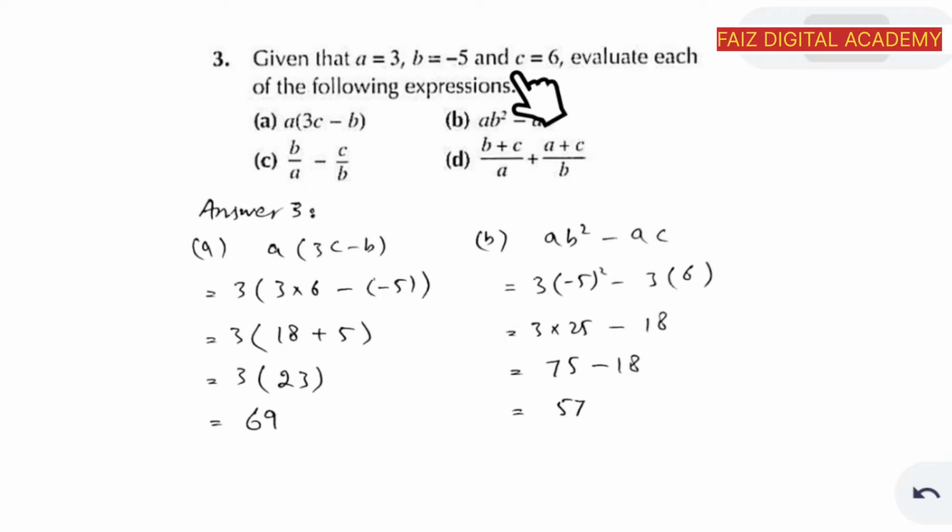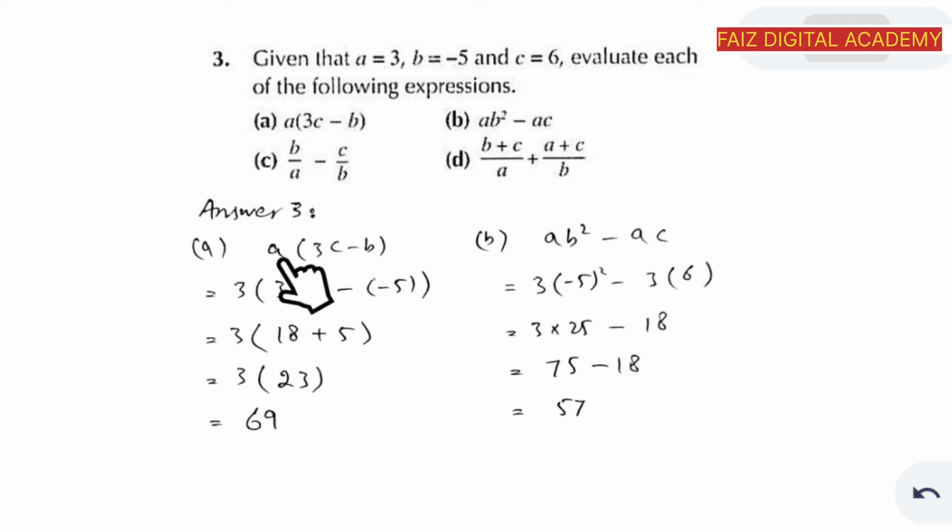So in question number 3, we are given 3 variables. Variable A is equal to 3, B is equal to minus 5, C is equal to 6, and then we have to solve it as per the conditions given in the A, B, C and D parts. In the A part, A bracket start 3C minus B bracket close.